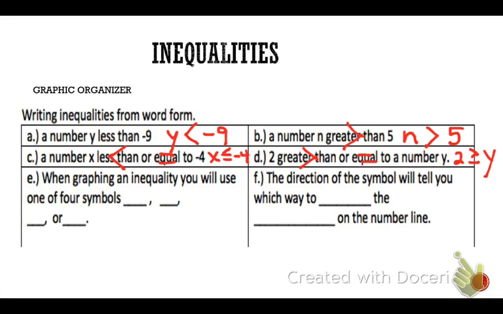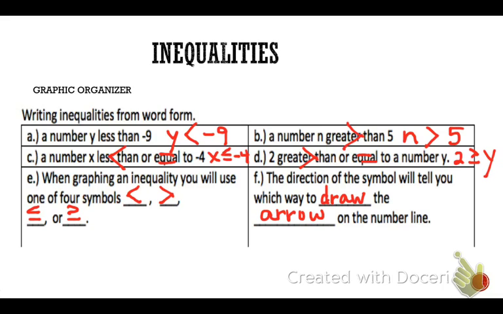Letter E. When graphing an inequality, you use one of these 4 symbols. So it's the less than, greater than, less than or equal to, greater than or equal to. And this is really cool because if you always have the variable first, for letter F, the direction of the symbol will tell you which way to draw the arrow on the number line.